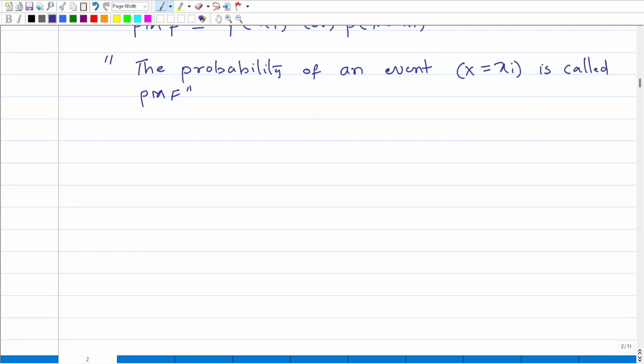Let us see the example which we considered in the last video, that is on random variables. Toss a coin twice. In this, the possible outcomes are heads and heads, heads and tail, tail and heads, and tail and tail.